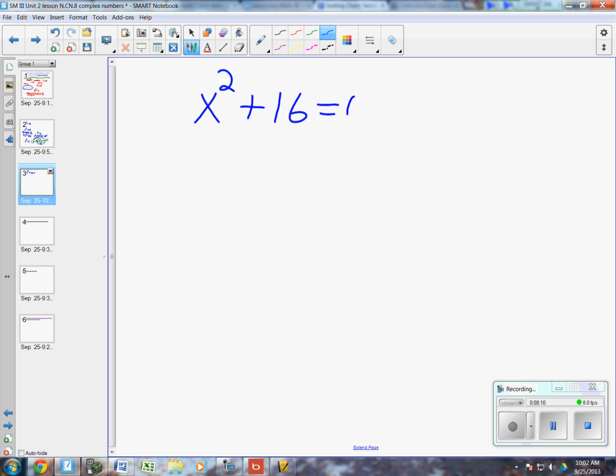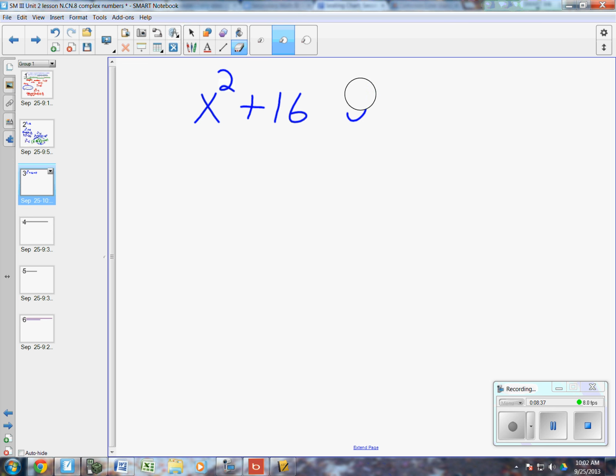If I was solving this equation right here, x squared plus 16, is there a number I can put in for x, square it, add 16, and get 0? Why not? Say that really loud, Julie. Yeah, if you square something, it makes it positive. So a positive number plus a positive number is definitely not going to be 0, right? You would have to get this to be negative 16 plus 16 to get 0, right? And so there's no way that that's going to work out.